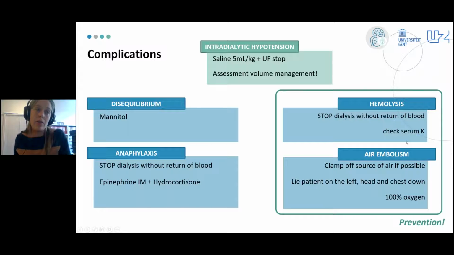You really have to have standard operating procedures with your dialysis nurses to make sure that these complications cannot occur, because they are often related to the setup of your machine and its connections. So prevention is really key here.